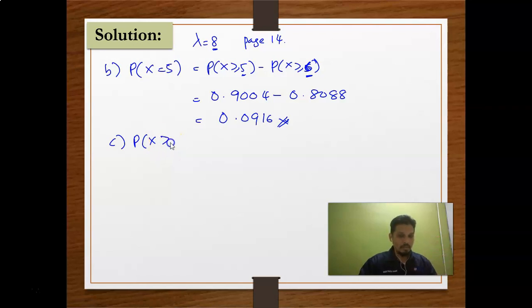Again, lambda equal to 8 and r equal to 3, it gives you 0.9862.